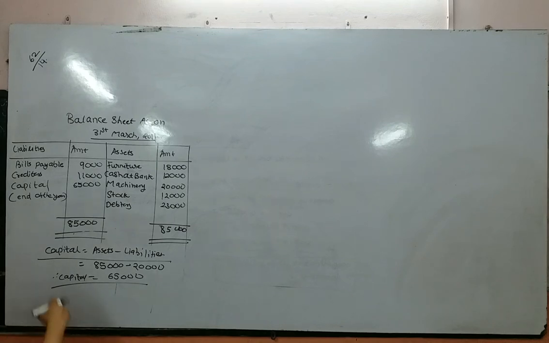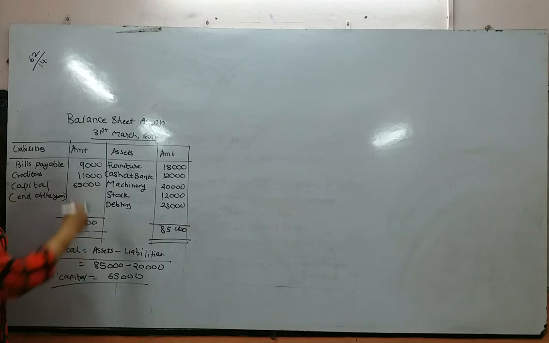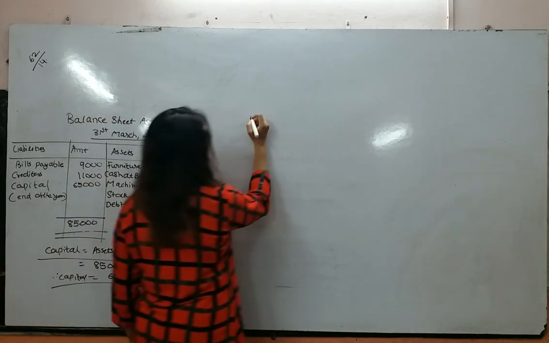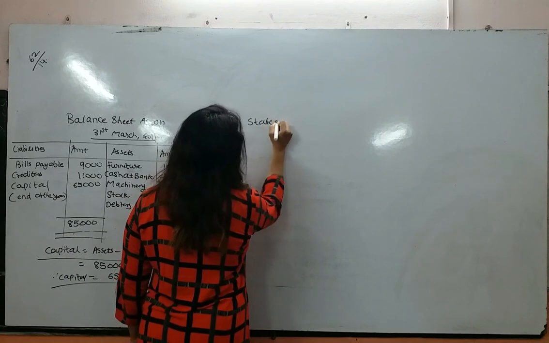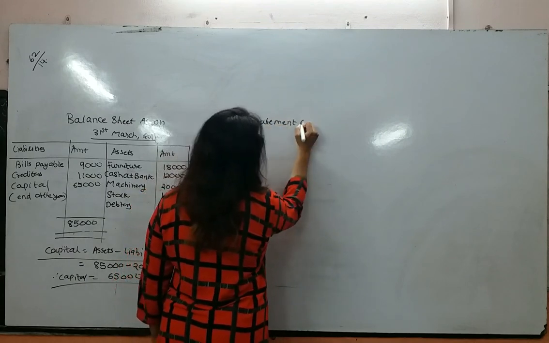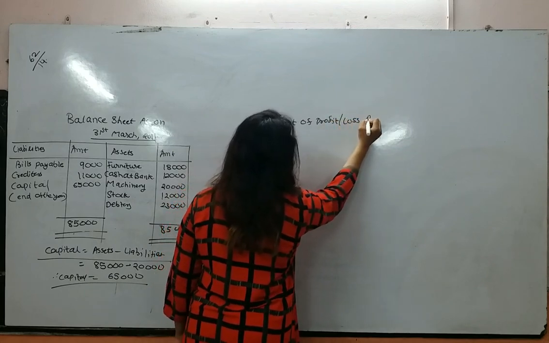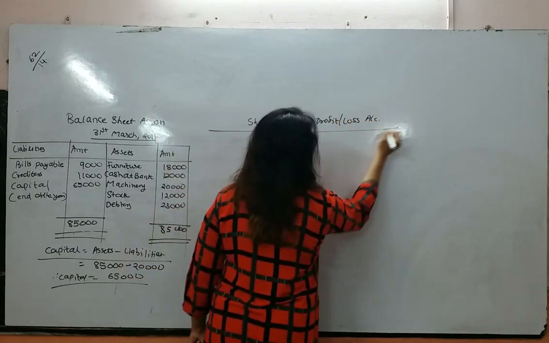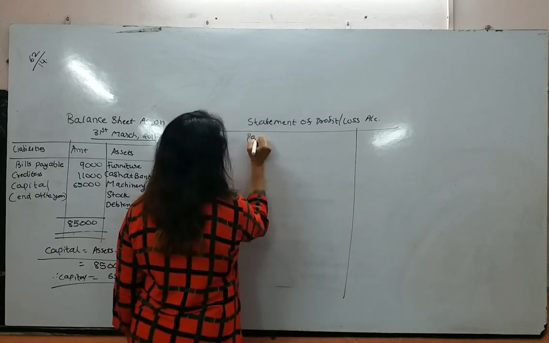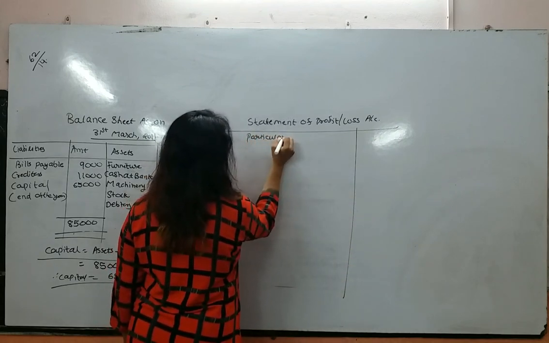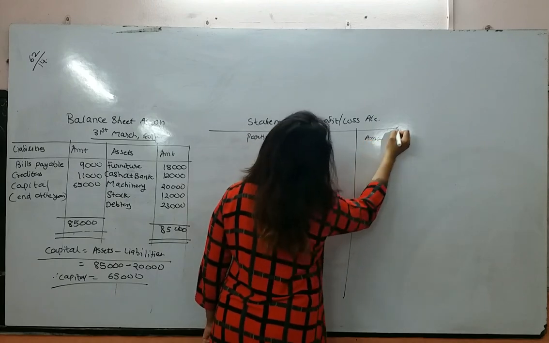Whatever balance sheet we have prepared is also known as a statement of affairs. Balance sheet is a statement. So now let's find out whether we got profit or loss. Statement of profit or loss, with particulars and amount.